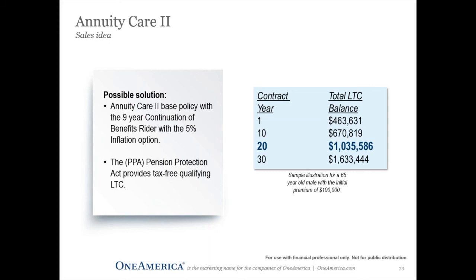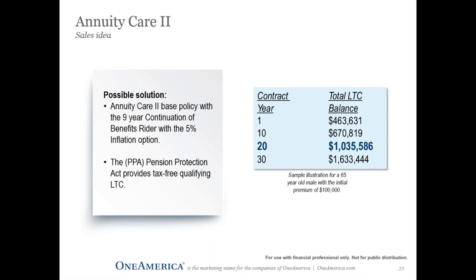But here's what happens. In the 10th year, our balance has grown to $670,000 because of this 5% compounded number. And then you can see in the 20th year, we guarantee at least $1,035,000 for LTC. And again, this is a $100,000 deposit.